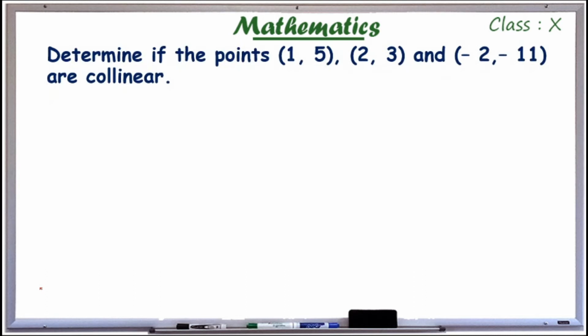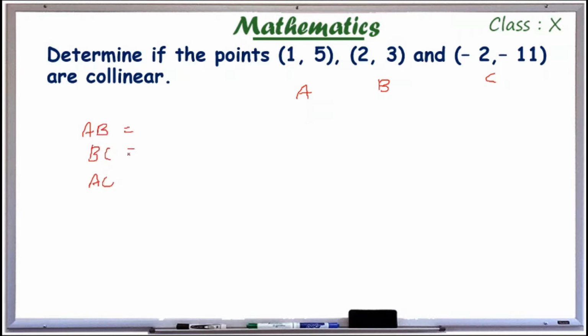So now we are going to check whether these 3 points are collinear. If we can represent any one of the distances as the sum of the other two distances, we can say that the 3 points are collinear. For that I have to find AB, BC and AC.